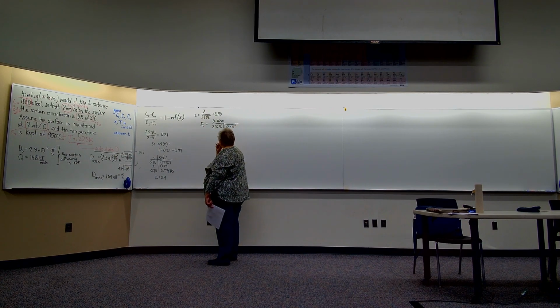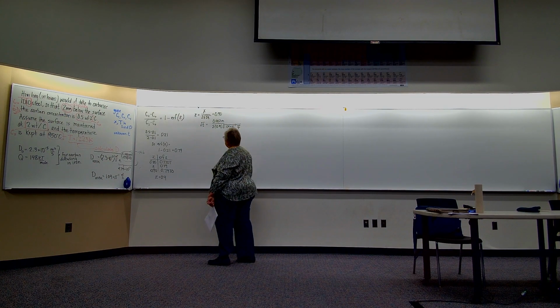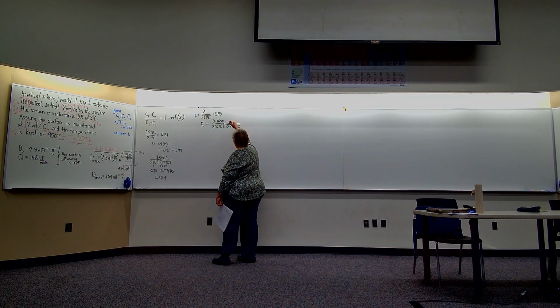That 0.9 doesn't have any units. The diffusion has units of meter squared per second, so I'll end up with units on the right side of the equation of the square root of seconds. That jives with what I have on the left side of the equation.